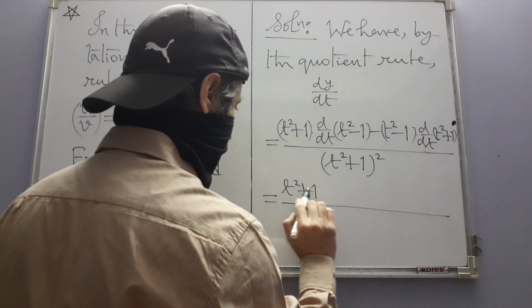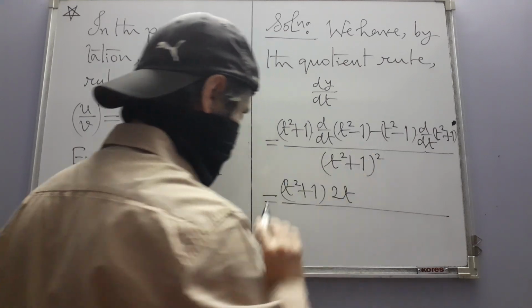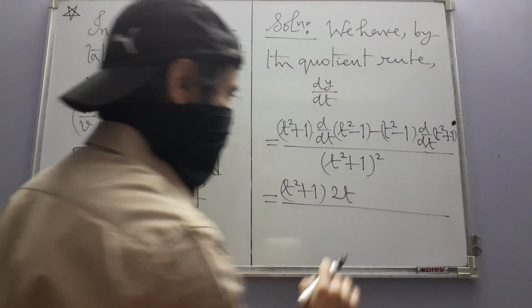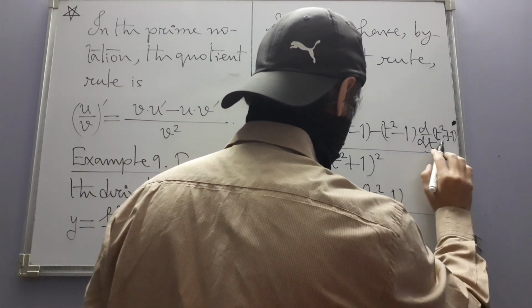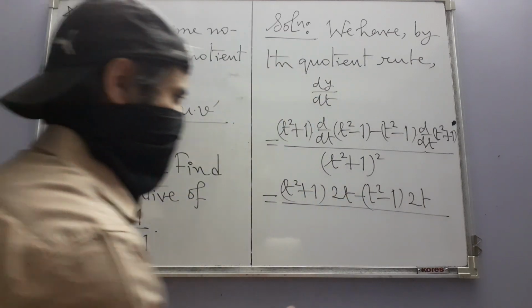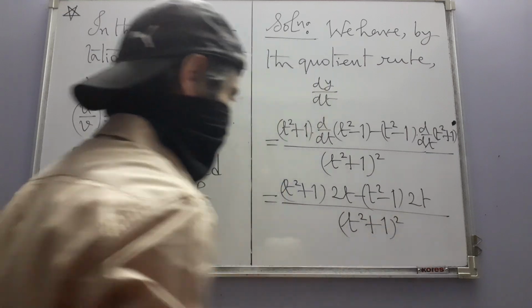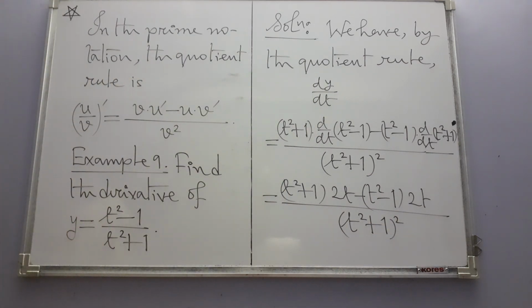If you differentiate t square, you are going to get 2t. Differentiating 1 gives you 0, so this time we won't write it. Minus t square minus 1 times, similarly, this one is also 2t plus 0, divided by the square of t square plus 1. Now we will simplify a little bit.